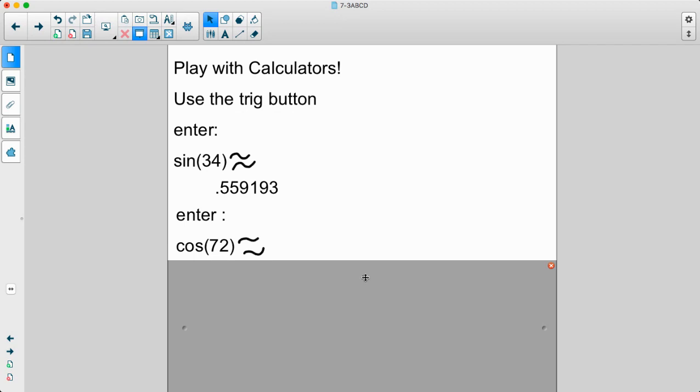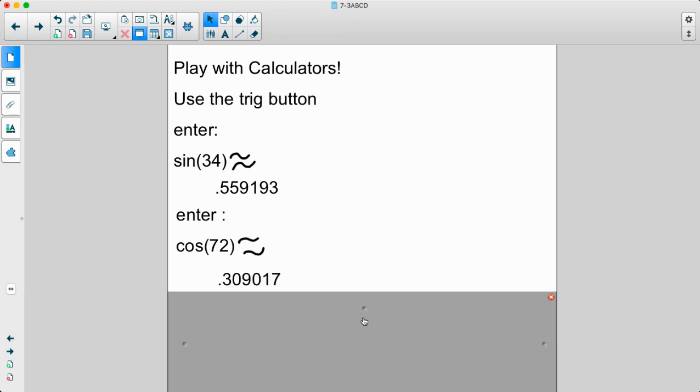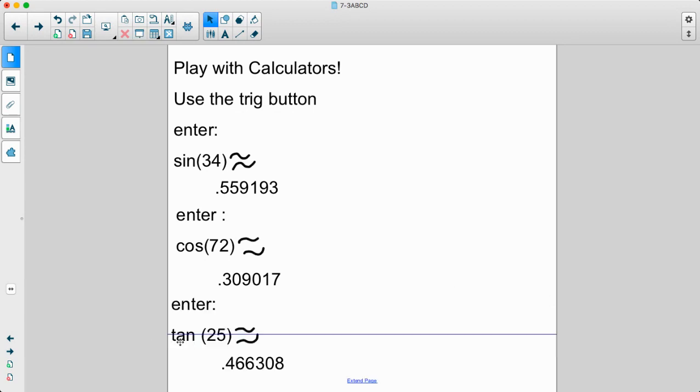Next, hit the trig button, enter cosine, and then 72, control, enter, and see what decimal approximation you get. You should get this decimal number. And finally, hit the trig button, enter tangent 25, and make sure you get this decimal.